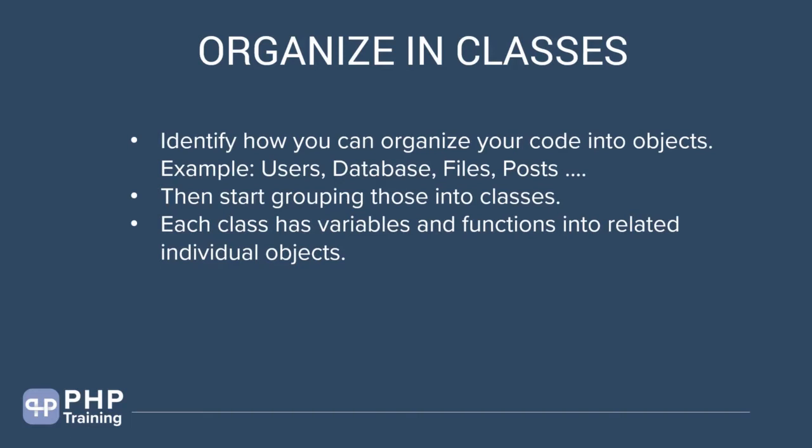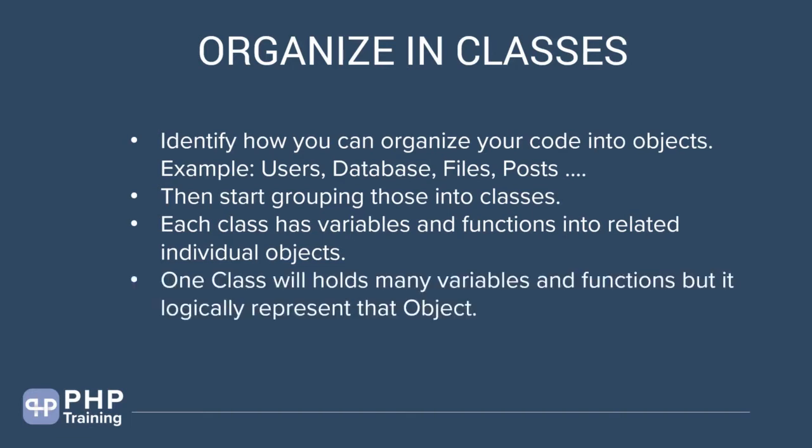As we've seen previously, car has its own variables and functions operating on that specific class. Similarly, you define a class for each object you're thinking of organizing your code into. One class will hold many variables and functions, but they logically represent that object. Which means when you define users, you don't define database variables and functions inside users. The user variables and functions will operate logically on that specific object.